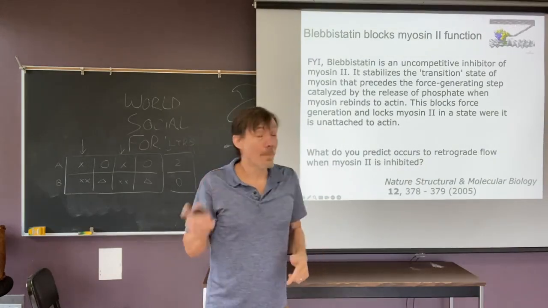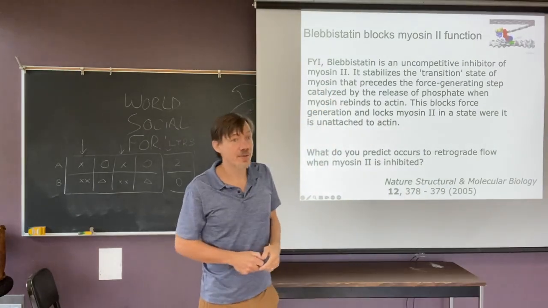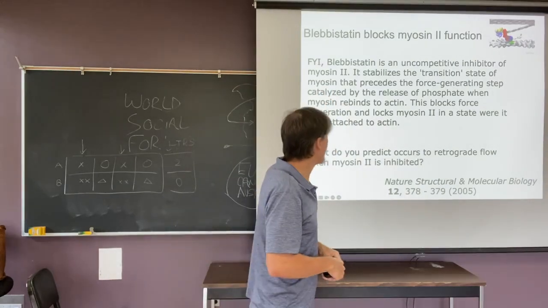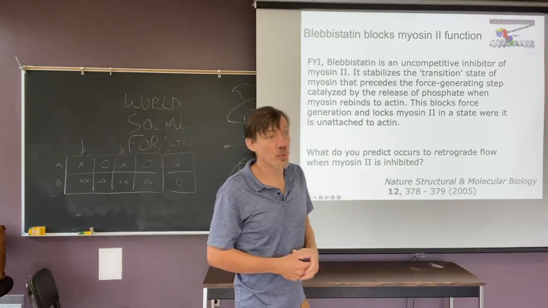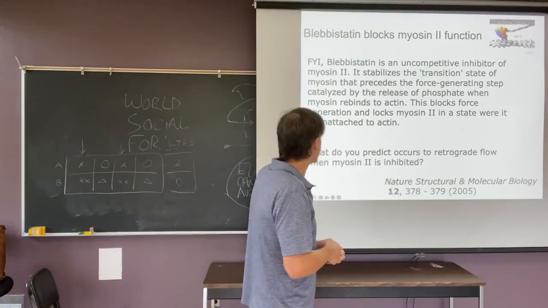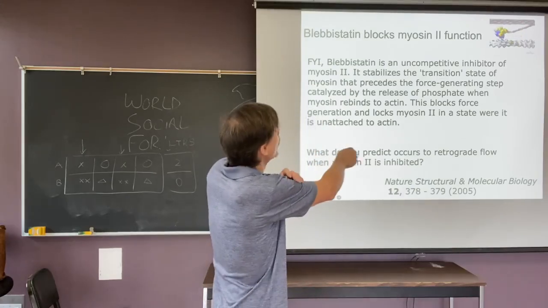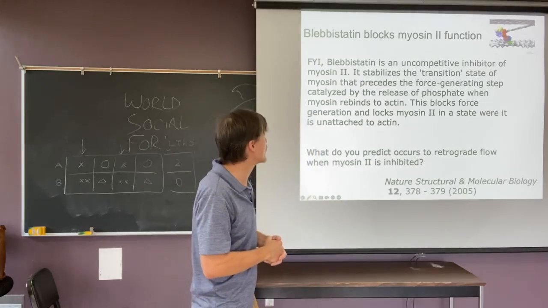So blebbistatin is a drug that inhibits myosin 2 function, and it's been a very nice tool for trying to understand myosin. Essentially, it's what's called an uncompetitive inhibitor of non-muscle myosin 2.